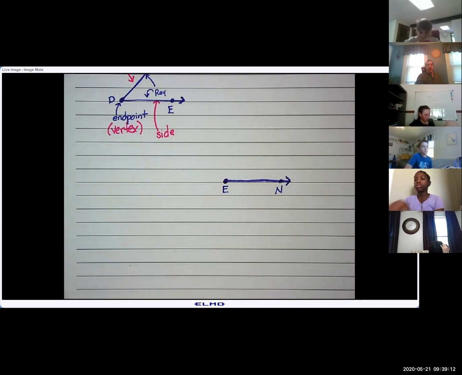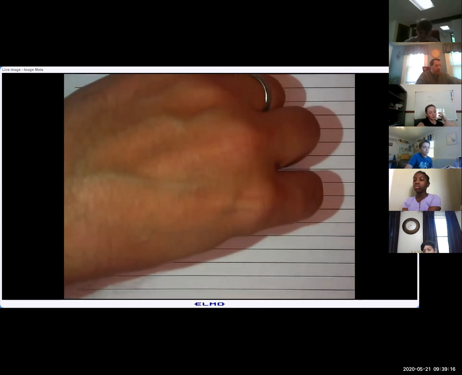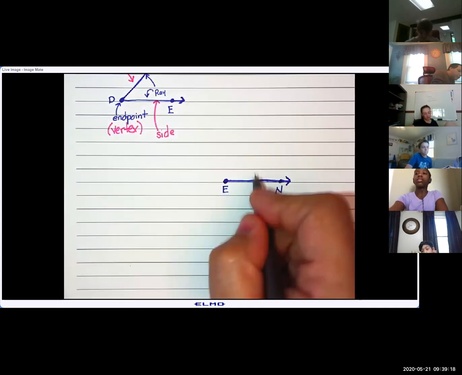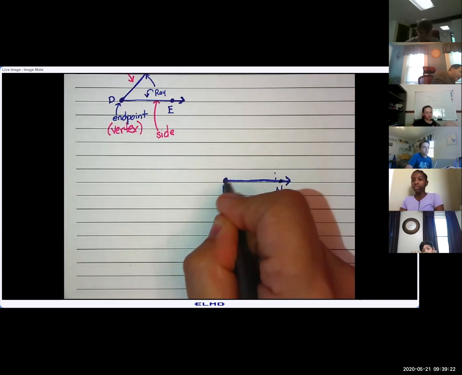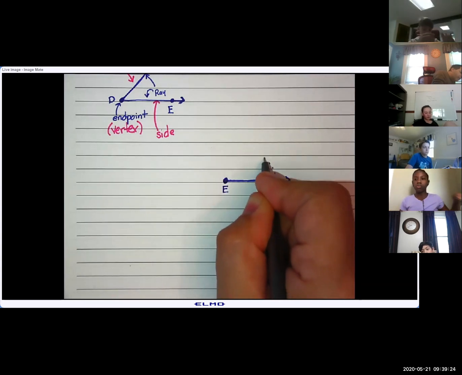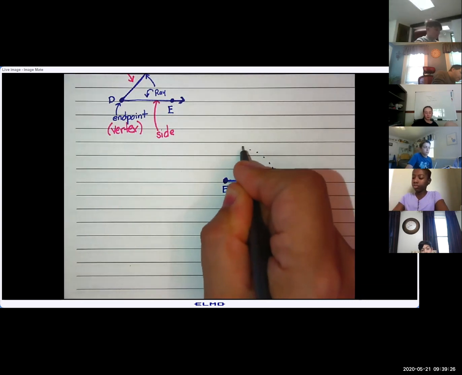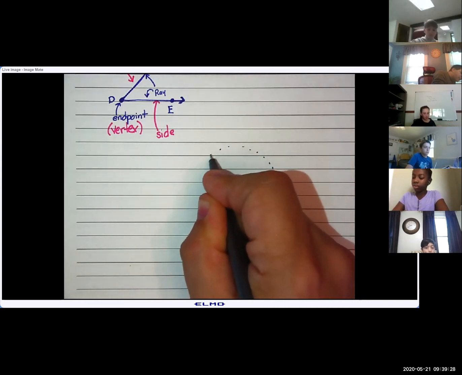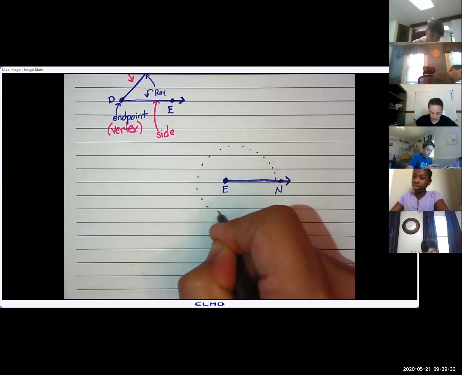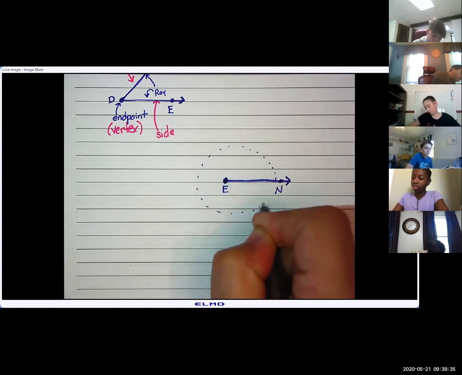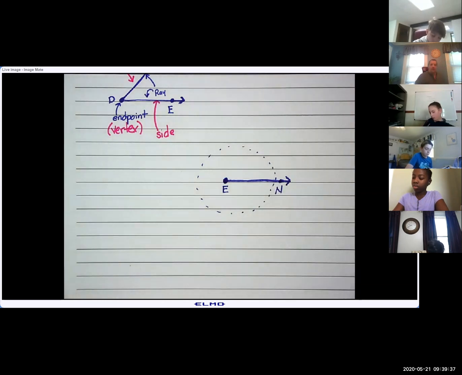What would happen if I picked that little arrow, that little ray up, and I started twisting it? If I kept the endpoint there, but imagine if I twisted it all the way around, what shape would I have? This is not a hard question.